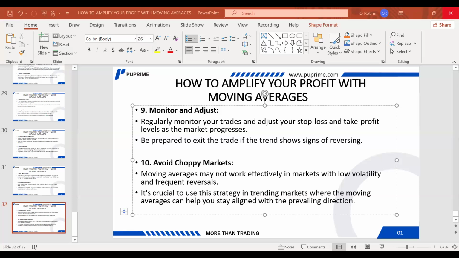What do you mean by volatility? Volatility talks about the level of activity, how price moves. For example, if you have a bottle of Sprite and a bottle of water, and you shake the bottle of water and open the cover, nothing is going to happen. It will just be there.